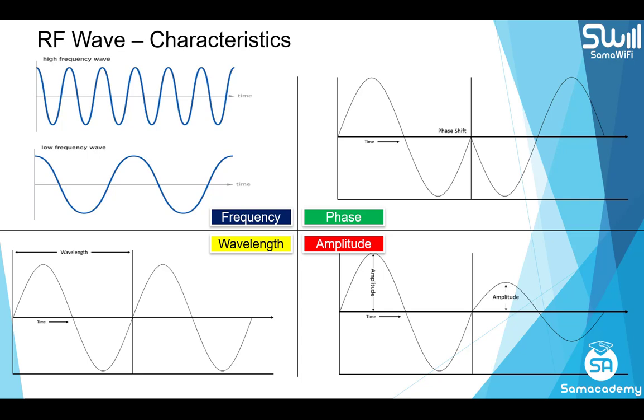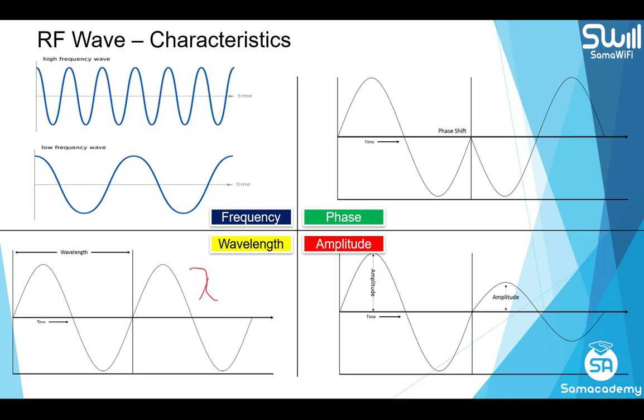We can obtain the wavelength for the different frequencies. In this case, we are going to use, for example, the 2.4 gigahertz and the 5 gigahertz bands. Wavelength has a formula.